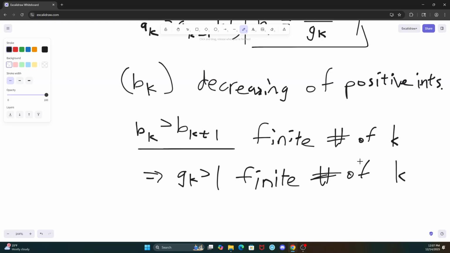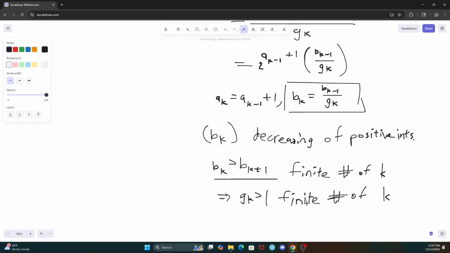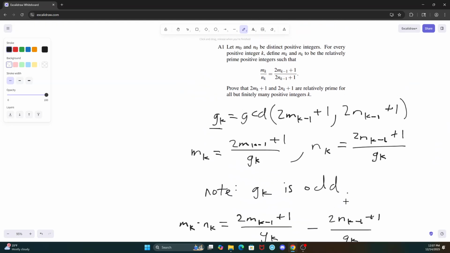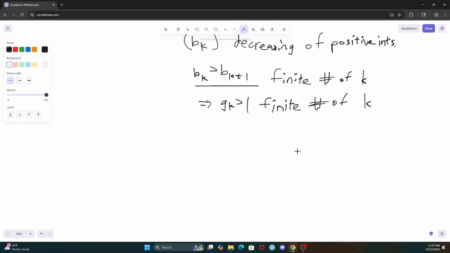Yeah, but that's exactly what we wanted to show, right? g sub k greater than 1 for a finite number of k means that the greatest common divisor of any two of these terms is greater than 1 for a finite number of k. And if it's greater than 1, that means they're not relatively prime. So for only a finite number of k, these two terms are not relatively prime. And that's exactly what we wanted to show.